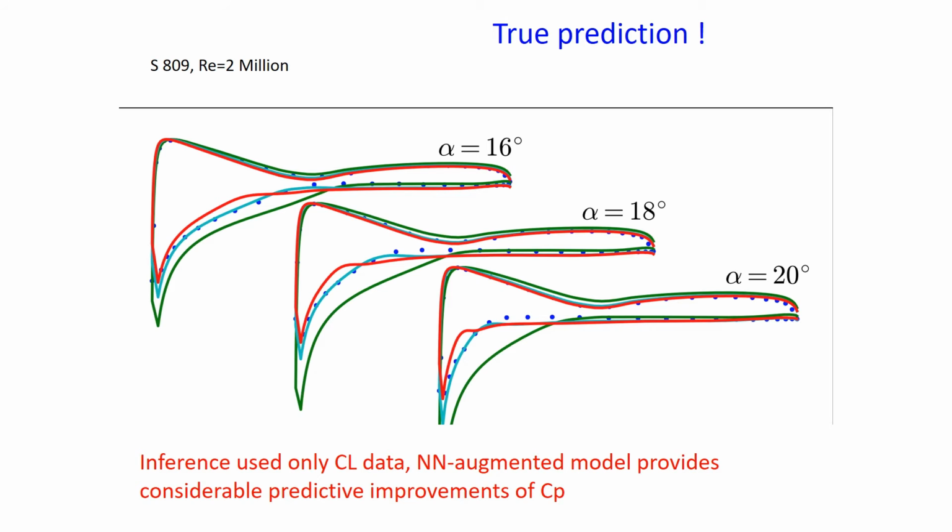Blue is the experimental measurements, green is the baseline model, which is kind of bad, and cyan is if you actually saw the data, but red is the predictive model that's doing a much better job. And again, we are not using pressure, we're just using lift to train the model.